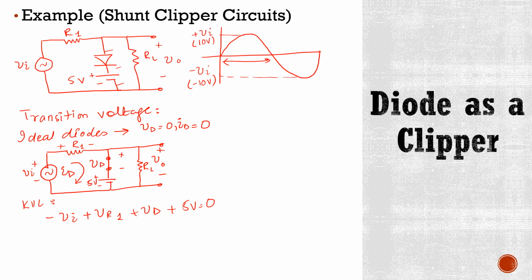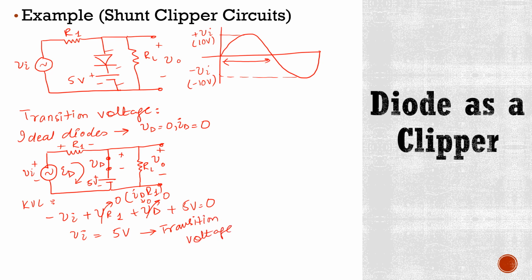We know that here Vd is 0 and VR1 is also 0 because it is equal to ID times R1, and here ID is 0. So now we have Vi equal to 5 volts. Okay, so this is our transition voltage.